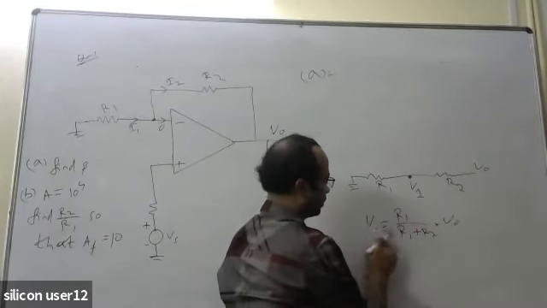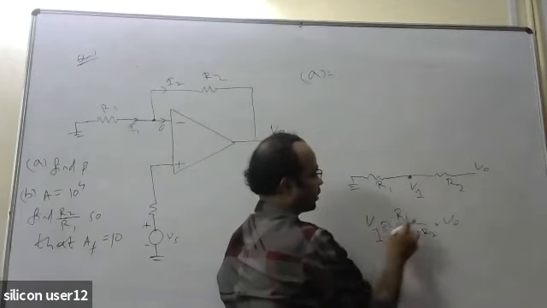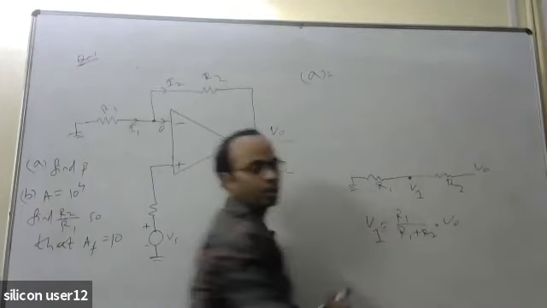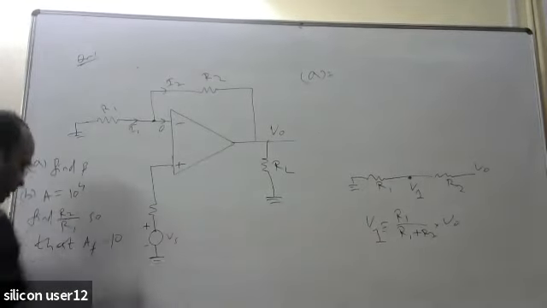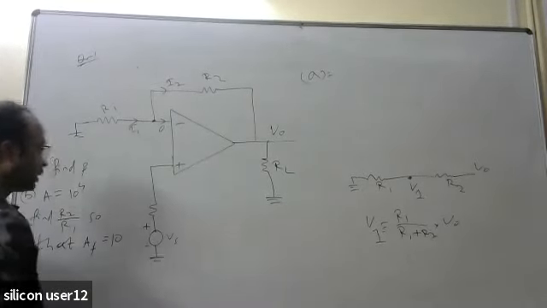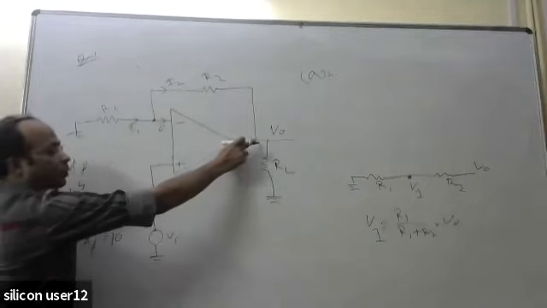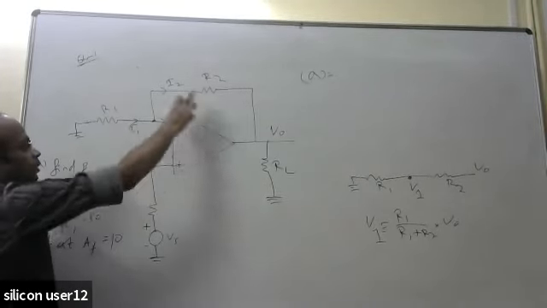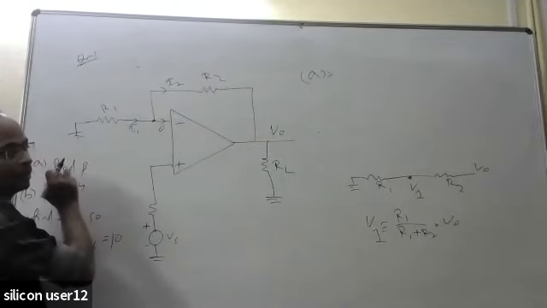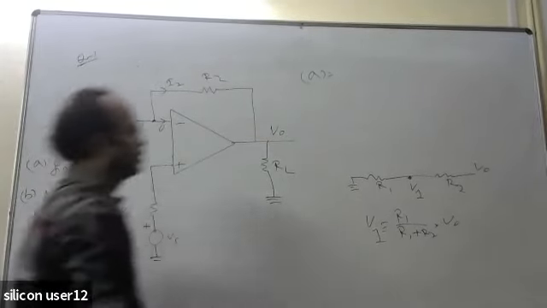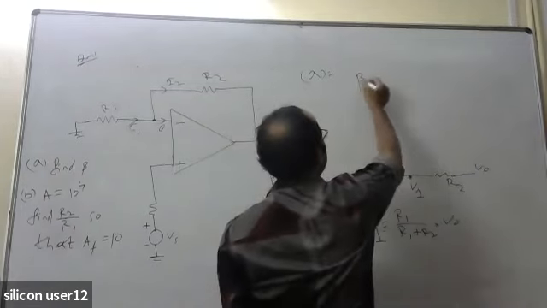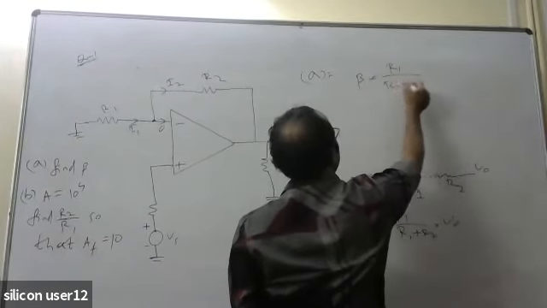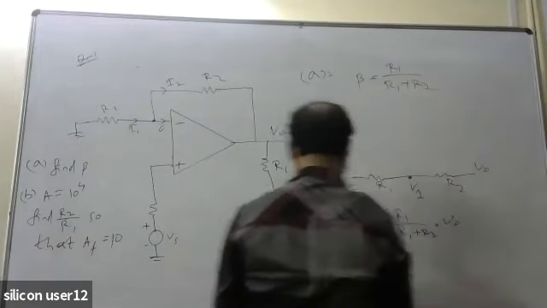So basically out of this V0, R1 by R1 plus R2 into V0 is applied here. That's why your beta factor, beta equals R1 by R1 plus R2.